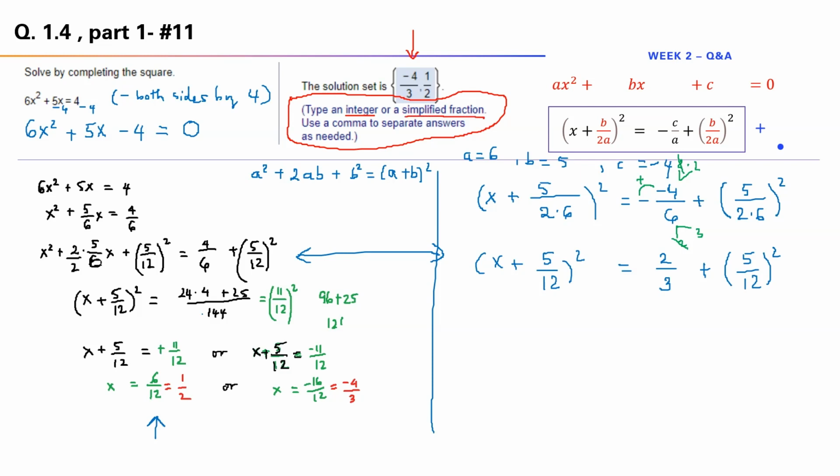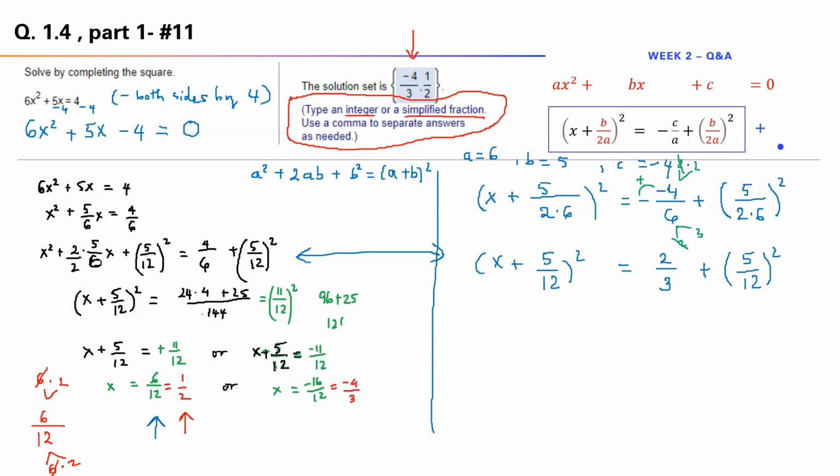So 6 over 12 is not simplified, but you have to simplify it, make it 1 over 2. How to get 1 over 2? We have 6 over 12. 6 is 6 times 1, 12 is 6 times 2. So we take off one 6 on the top, one 6 at the bottom, and we are left with 1 over 2.